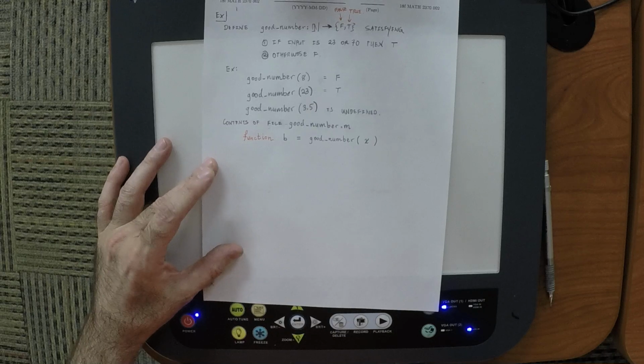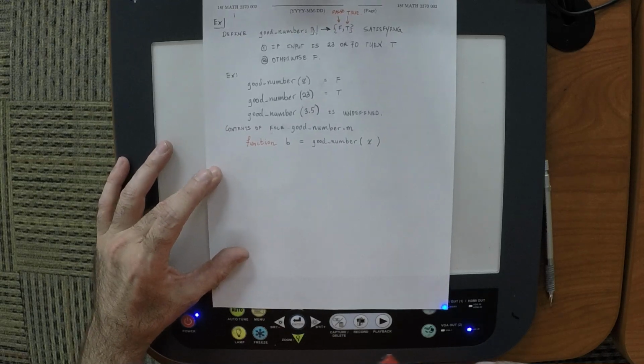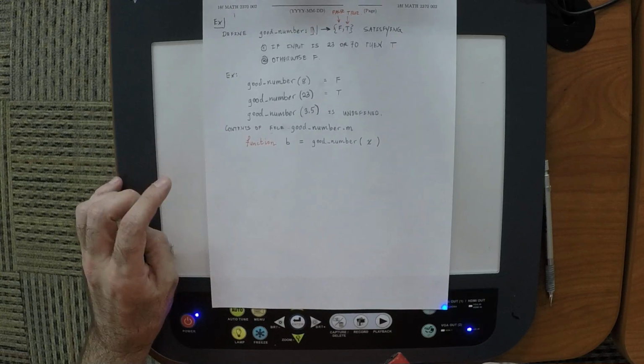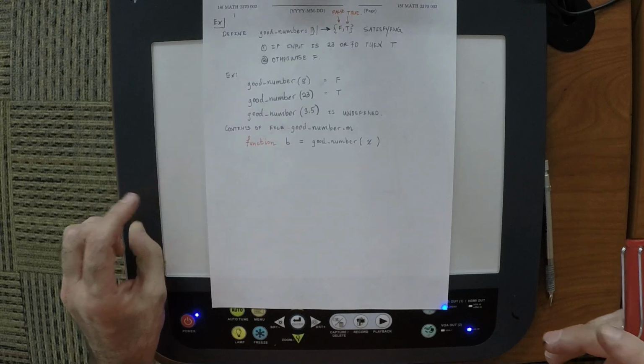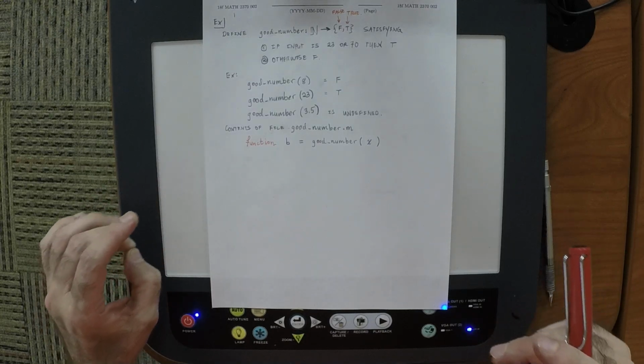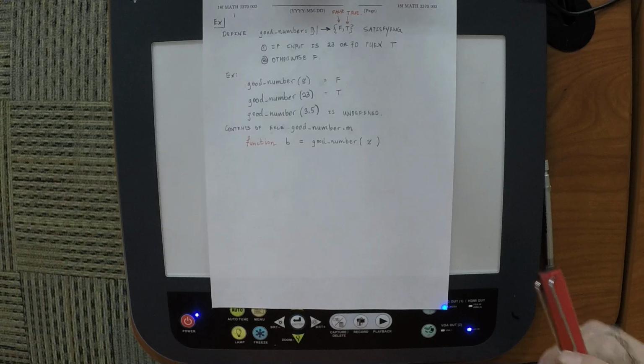What do you think? Okay, that's a good place to start, but I'm going to come back to that. Does anybody else have a different idea?